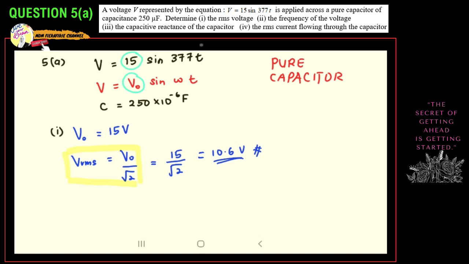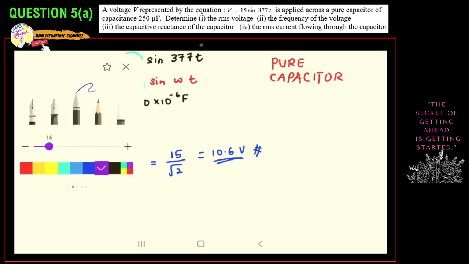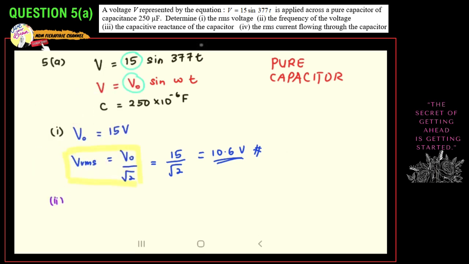And then A2, calculate the frequency of the voltage. So this is very simple, right? Same goes to the previous part. We can get value of omega from the equation here, where omega is equal to 377 radian per second.